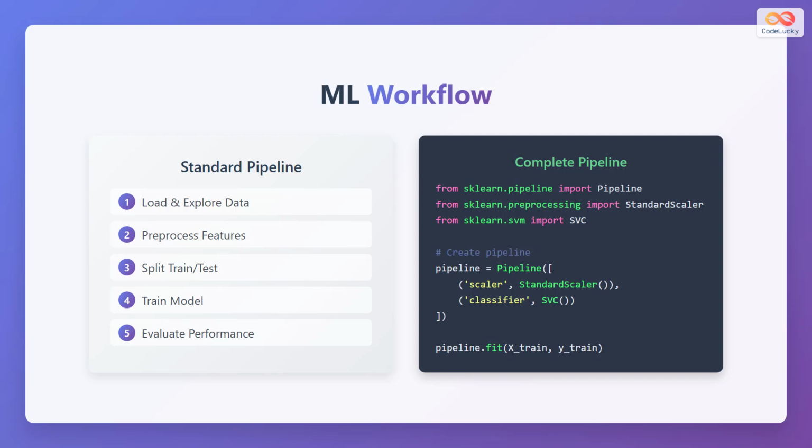Fifth, evaluate performance using appropriate metrics on the test set. Scikit-learn's pipeline class streamlines this process by chaining preprocessing steps with the final estimator, ensuring consistent transformations across training and prediction phases. The code shows creating a pipeline that combines standard scaling with support vector classification.